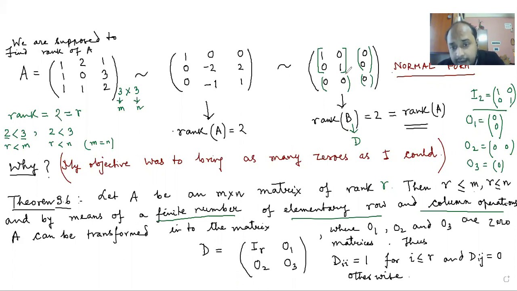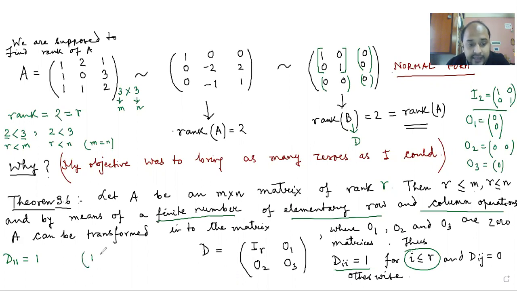Okay. And here it is written that d_ii equals 1 for i less than or equal to r. Here D means the entire matrix they are talking about, so the diagonal elements of this D matrix. If you see here in this matrix, D11 is equal to 1. And why is it so?